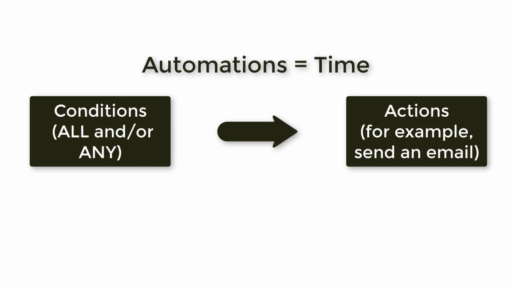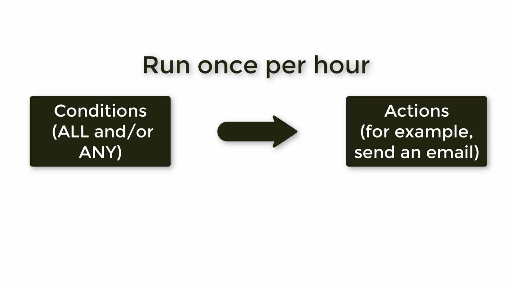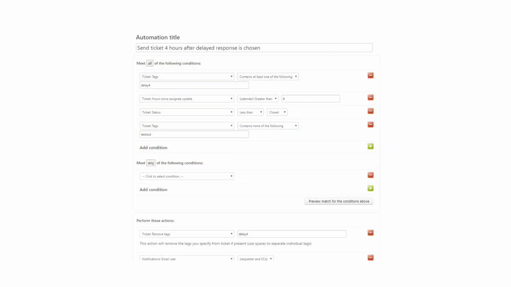So given some amount of time, then the automation will run. And automations run once an hour in Zendesk, so you can't make them run on a minutes schedule. There are some third-party apps or guys like me who can help with that. But out of the box, Zendesk runs automations once an hour on the hour, or pretty close to on the hour. So let's take a look at an example.